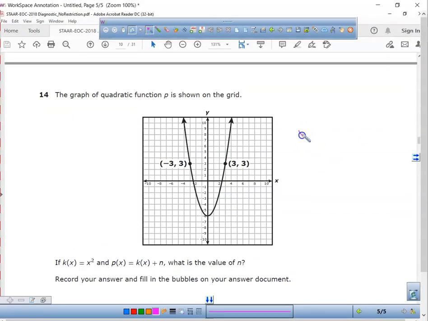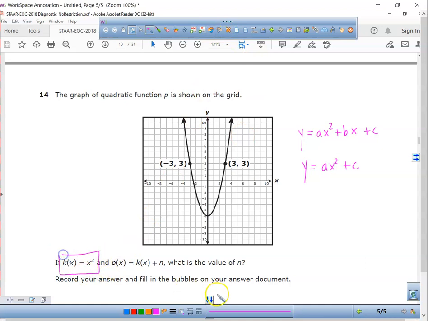This parabola. Normally, you guys are used to seeing y equals ax squared plus bx plus c. Right now, we have an equation, and it's just y equals ax squared plus c. Now, they've written it a little bit differently. They said K of x is equal to x squared.